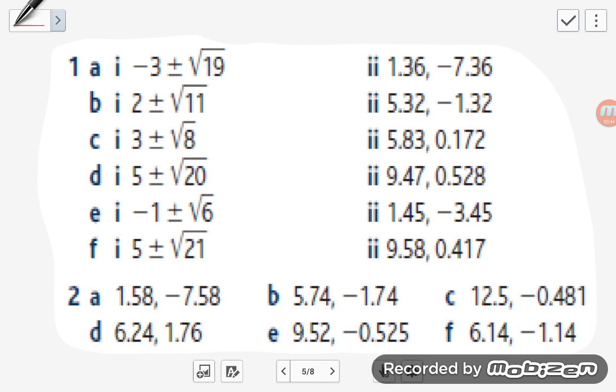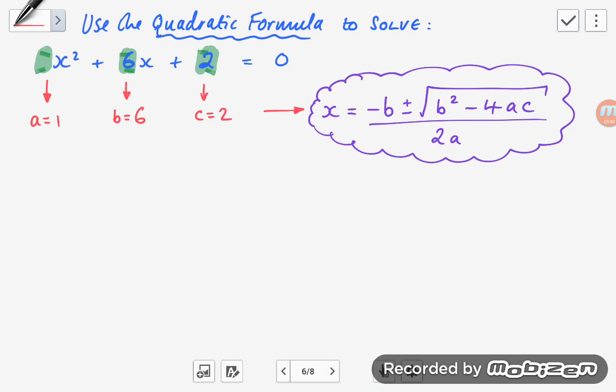We're now going to move on to the final objective, and we can use a quadratic formula to solve a quadratic equation. Right, my equation to solve is x squared plus 6x plus 2 equals 0.